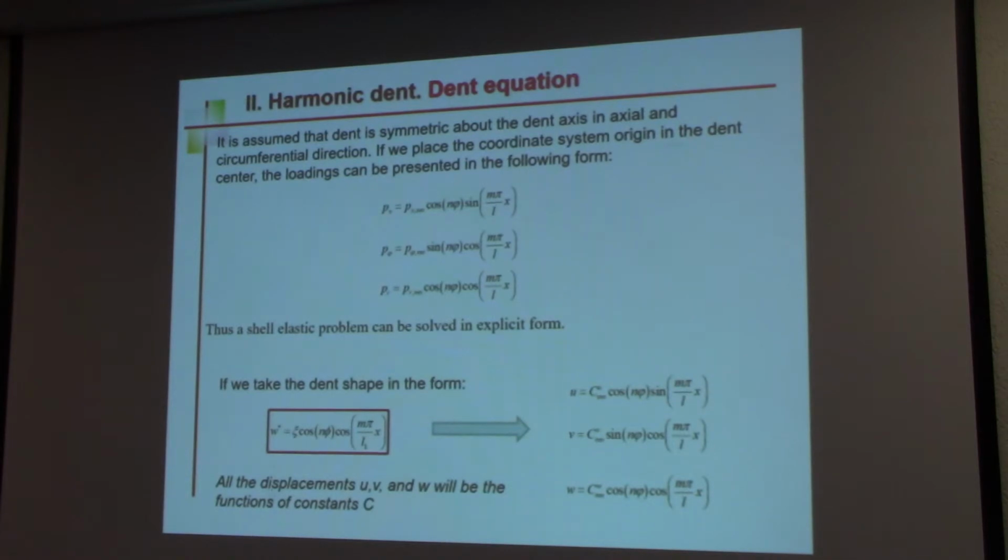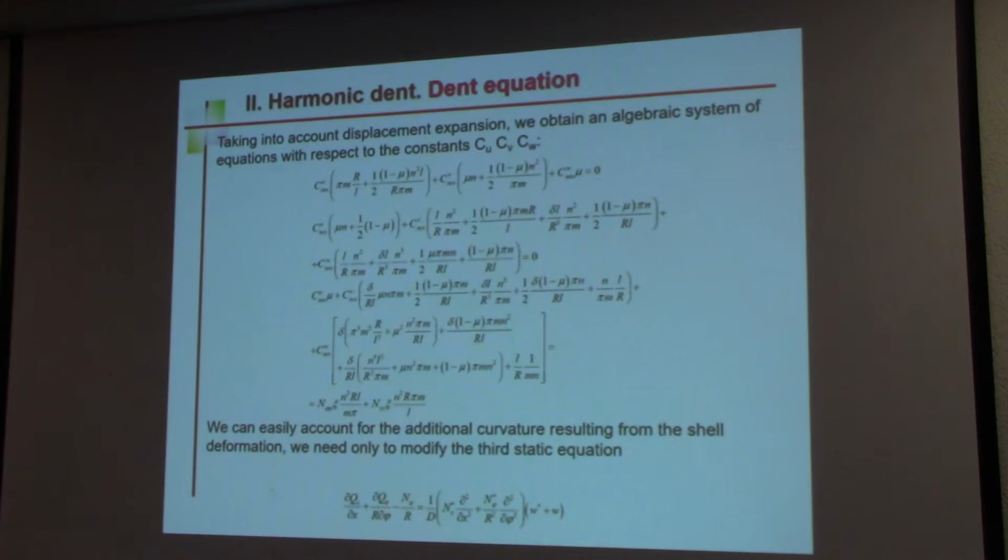Using this expansion, this form of dents, we can guess our three main displacements, axial, circumferential, and radial, by these expansions, and we will get the solution of our system. We'll have a system of three linear algebraic equations with respect to three constants.